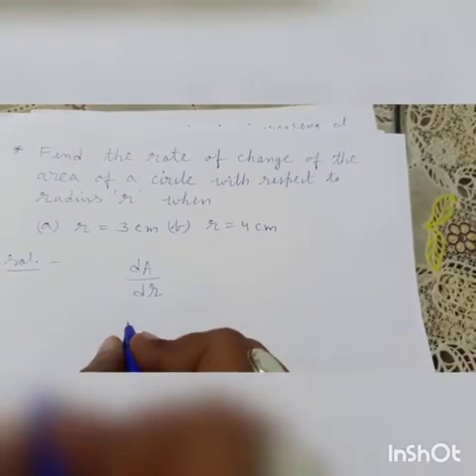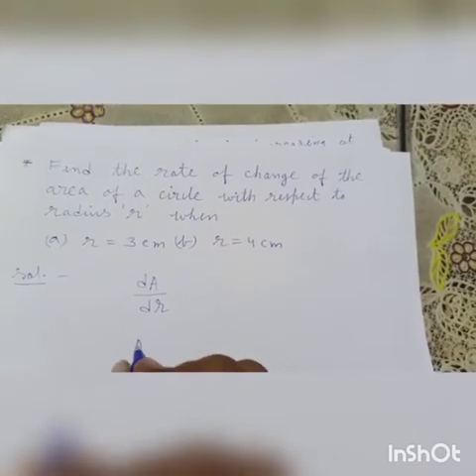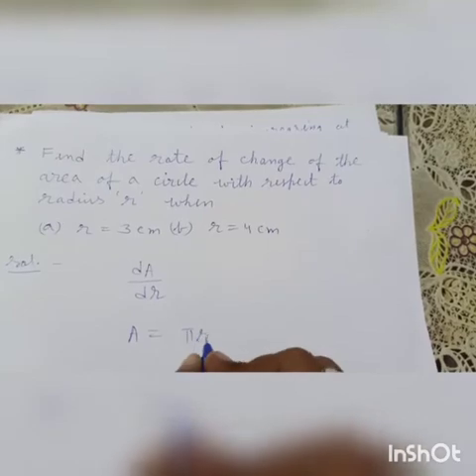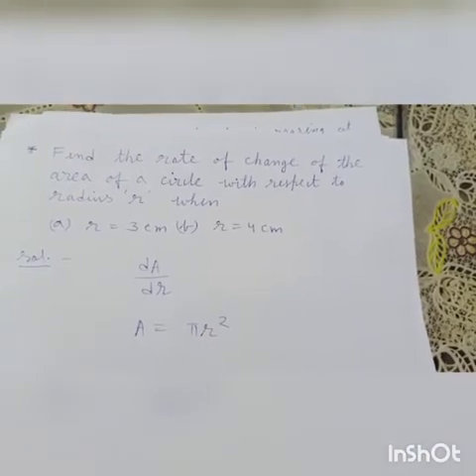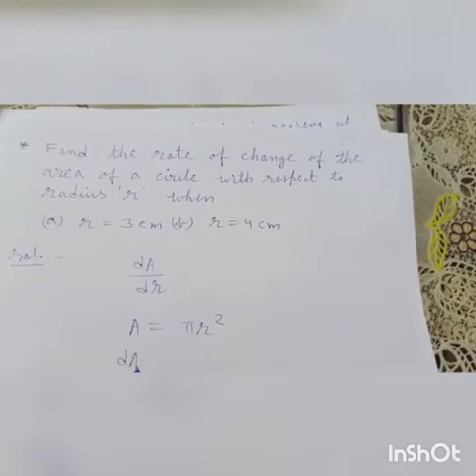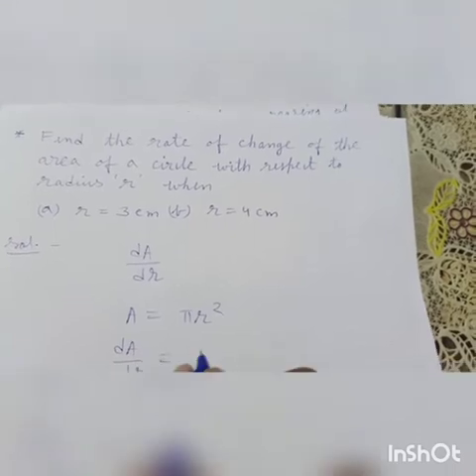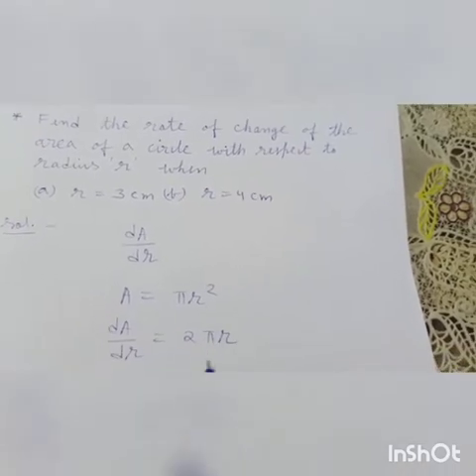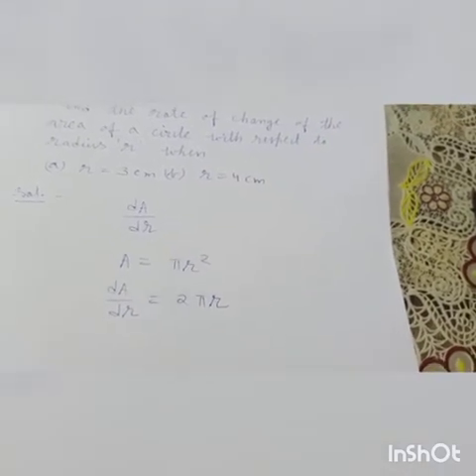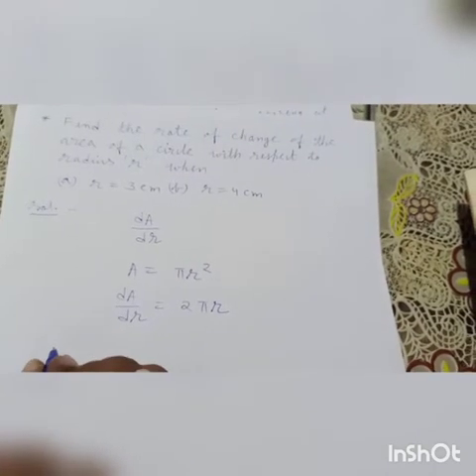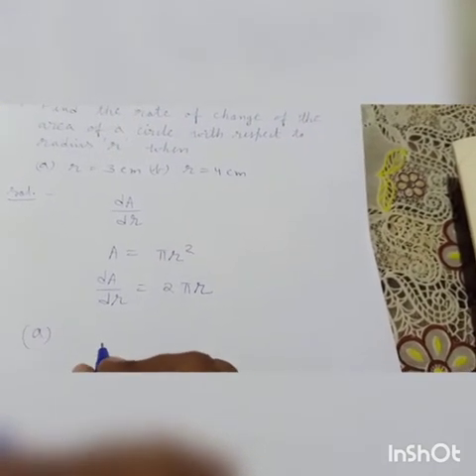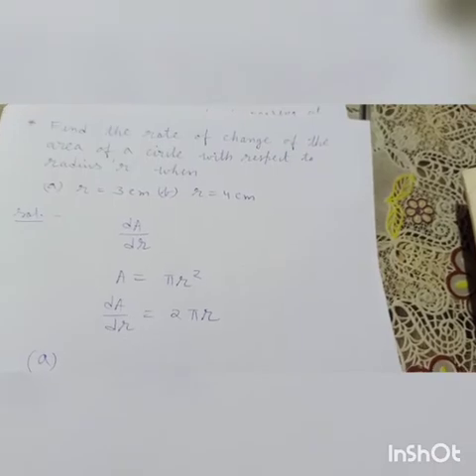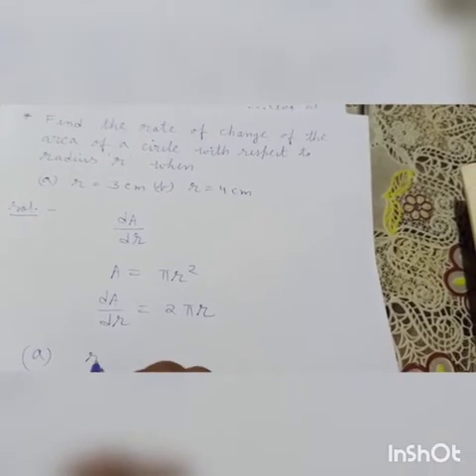We all know that area of circle equals pi r square. So if we find dA upon dr, then it comes out as 2 pi r. Now in first part A, r equals 3 centimeter.